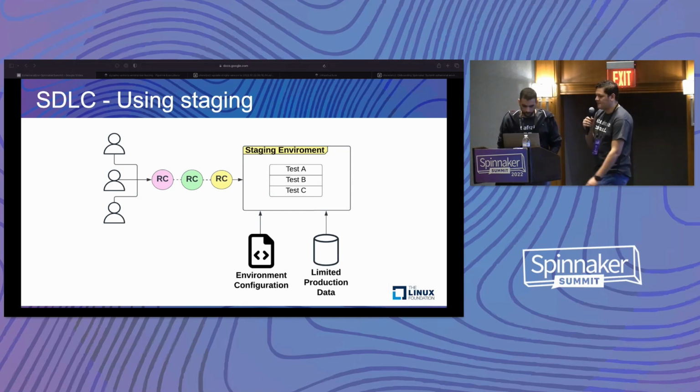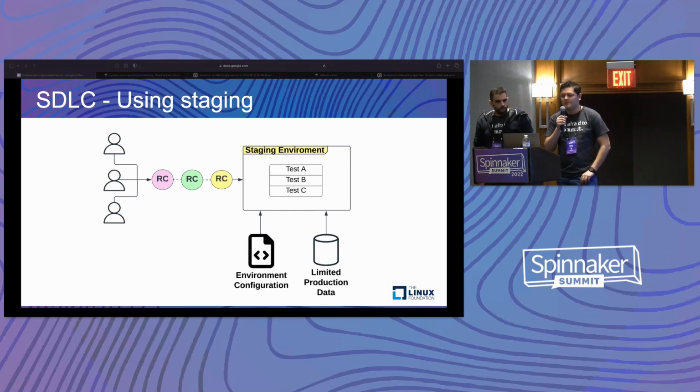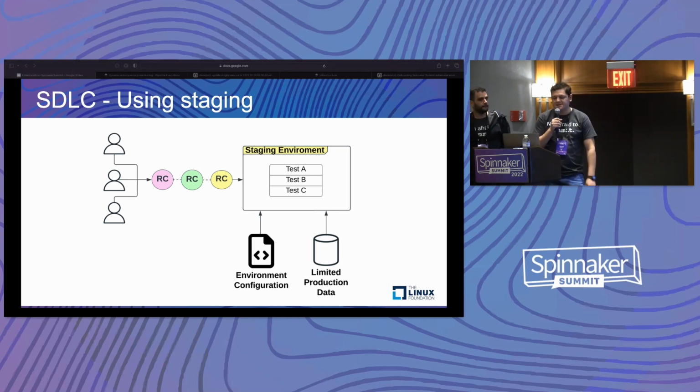Cool. So before going forward with our use case, let's compare a normal staging environment with an ephemeral one using examples. Here's a basic example of what a staging environment looks like. The basic flow of a developer team is that every developer works on their features independently, and they deploy their changes in a staging environment.